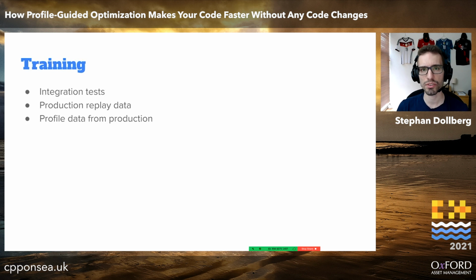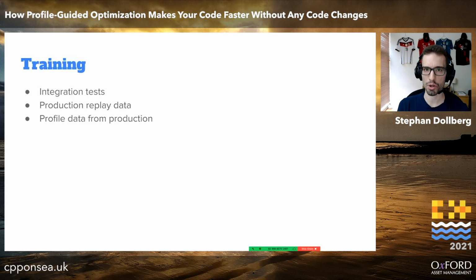What kind of tests? Integration tests are very good. Maybe a system test, where, let's say you have a DNS server, right? You have a small integration test where you send a bunch of DNS requests to your DNS server, and the binary is instrumented, and it just goes through the main paths. That sounds very simple, but it is that, because what PGO is generally about is your whole binary.